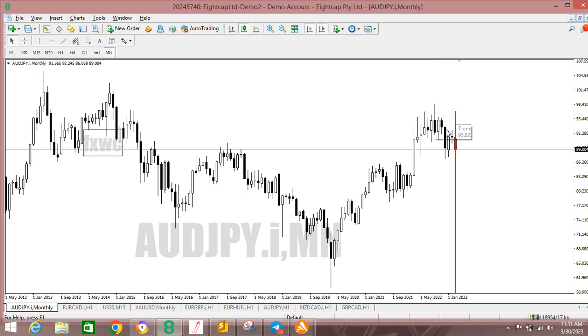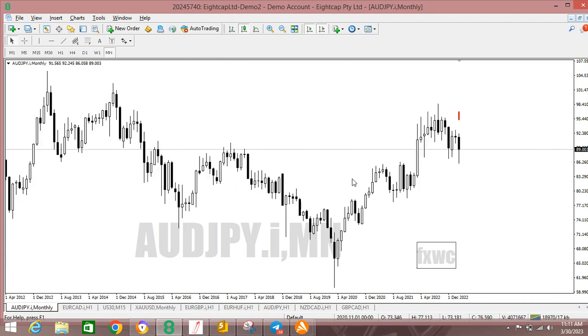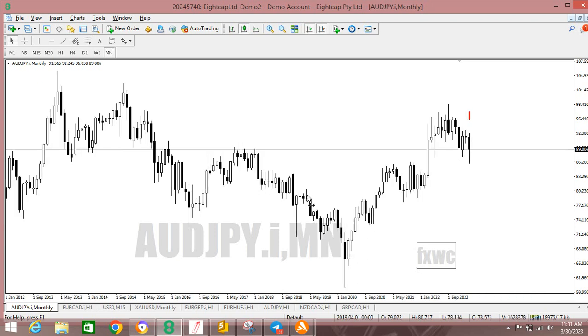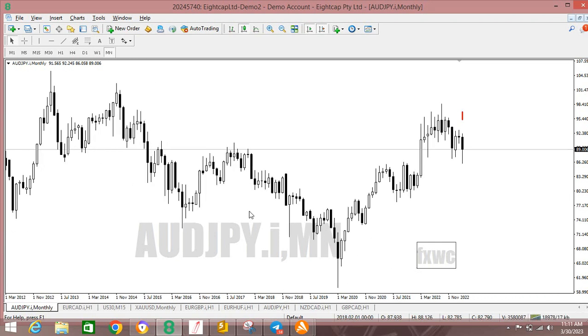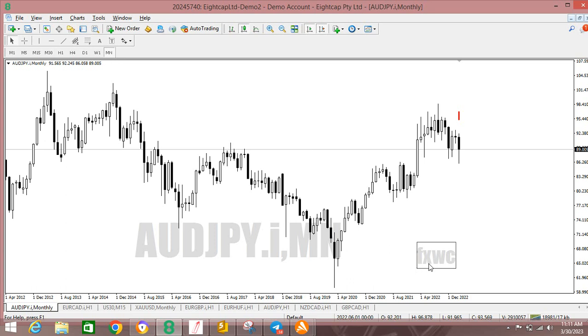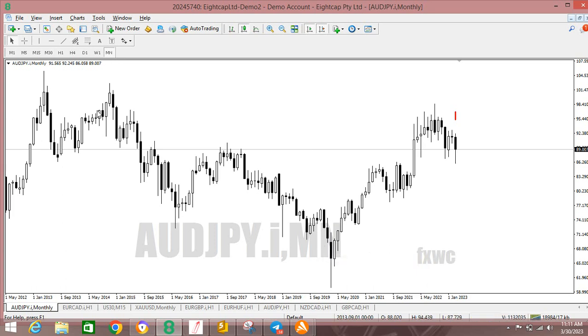So I'm just going to be looking at this. I just want to delete this and stuff. USD AUD, AUD, and if you look at the monthly time frame, this is the AUD. This is the overall setup. This is a very simple analysis of what we trade as forex traders and everybody in the group, what we look at.